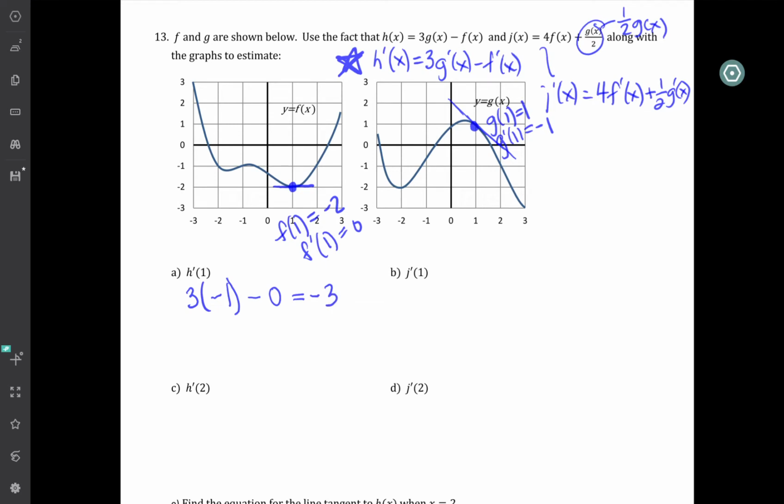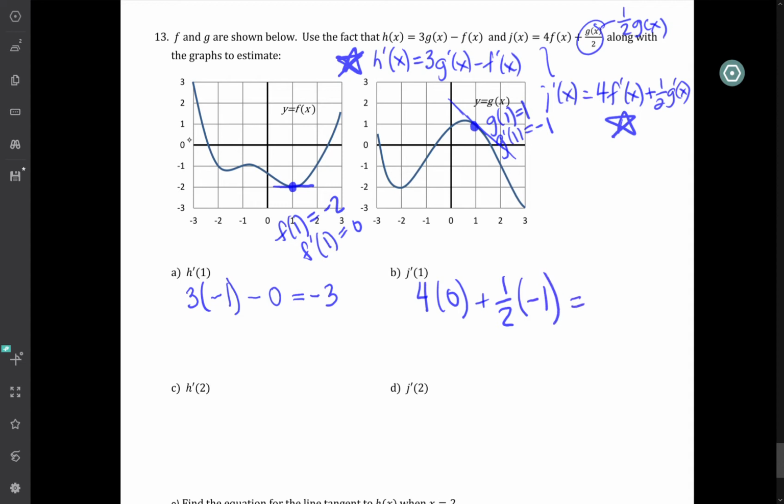Oh, I did all this stuff to find f of 1 and g of 1, and I don't think we even need them, but we'll see. Okay, j prime of 1. Again, looking back up at the formula, we're going to have 4 times f prime of 1, which is 0, plus 1/2 of g prime of 1, which is -1, so it looks like we're getting -1/2.